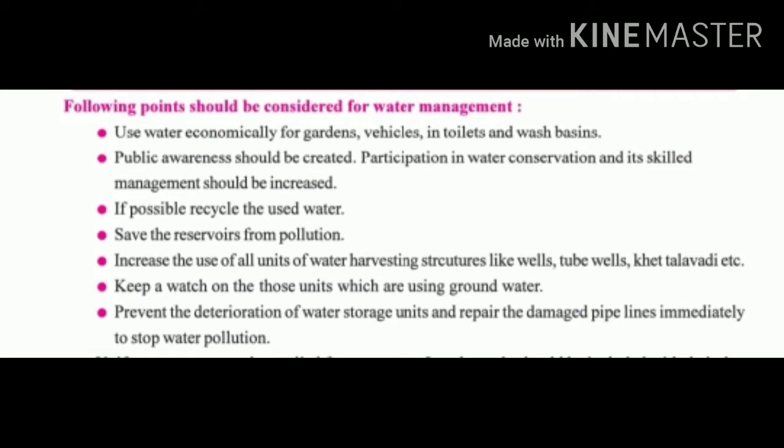There is a vast difference between the total area under irrigation and the total area sown. More than 40% of the total area sown is under irrigation in Punjab, Haryana, Uttar Pradesh, Bihar, Jammu Kashmir, Tamil Nadu and Manipur.